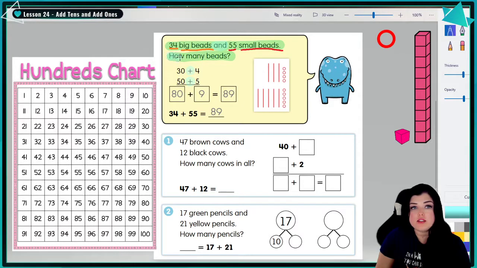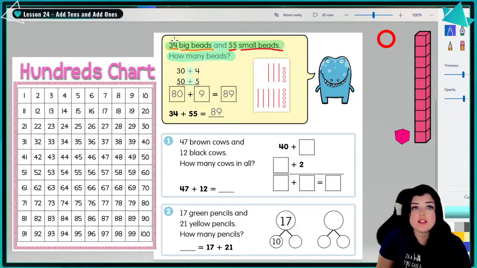And here they're asking how many beads. They don't want you to compare the different sizes of beads, the different colors of beads, but they want you to bring all the beads that you have collected and see how many beads are in all. So to do this, we're going to look at our two parts.